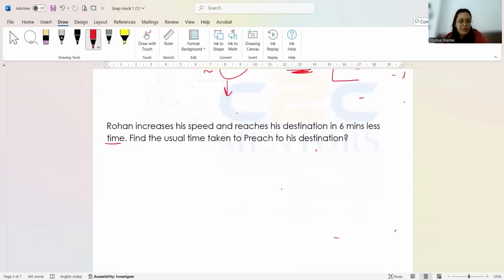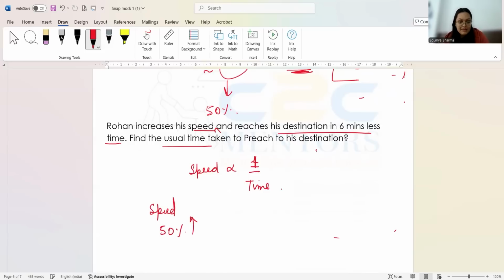Okay. So coming on to this one, Rohan increases his speed by 50% and reaches his destination 6 minutes less. Find the usual time. So we know कि speed and time are inversely proportional, 1 upon time. So when speed is 50% increased, means it is multiplied by 3 by 2.